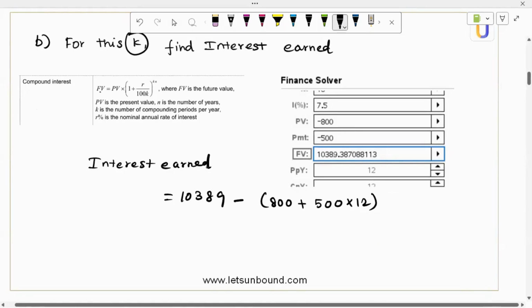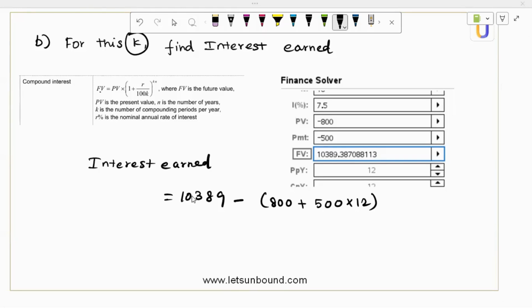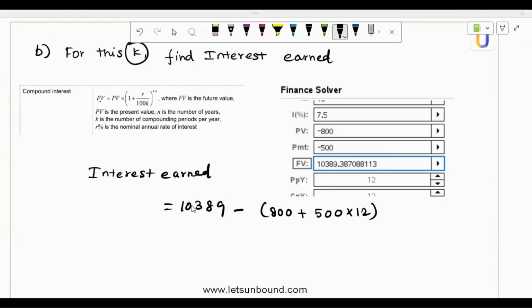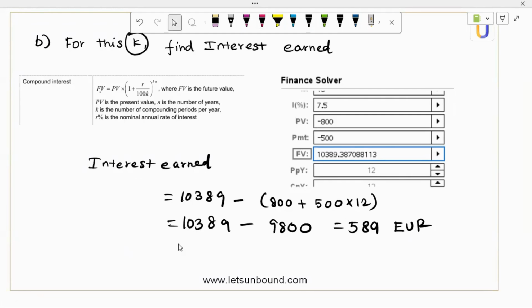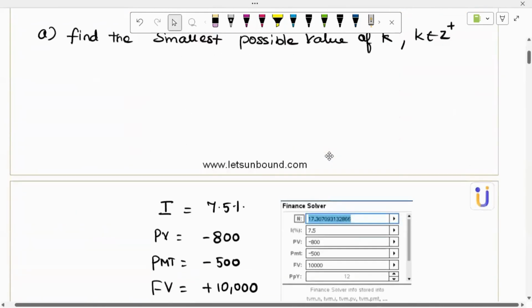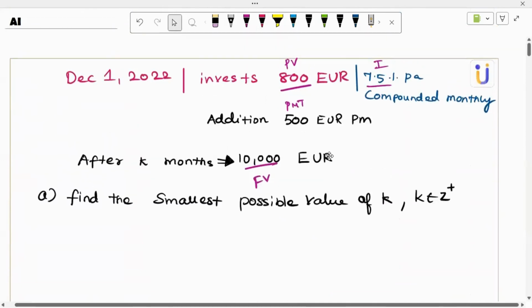And this we can easily solve using the calculator. You will get 9,800 over here. Just subtract those, and you will get 589 euros earned over here, right? That's simple. Easily we can fetch the marks here.